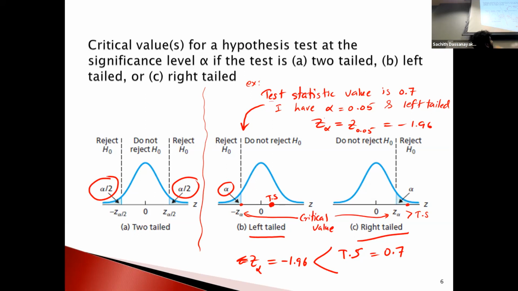Let's say your C alpha over 2 is 0.025, which means you have plus or minus 1.96. The positive value is here, the negative value is here.